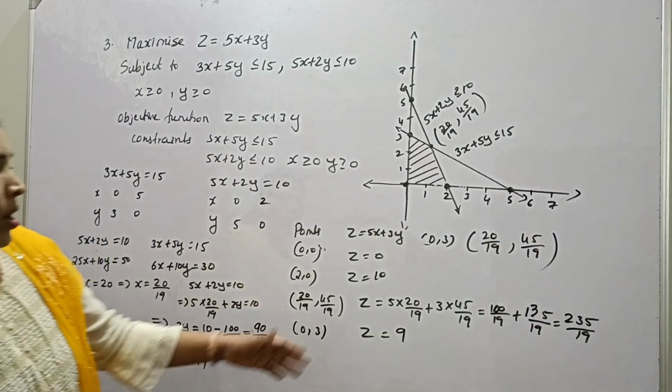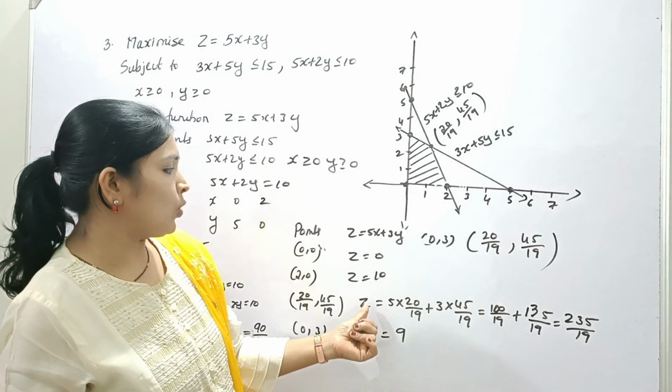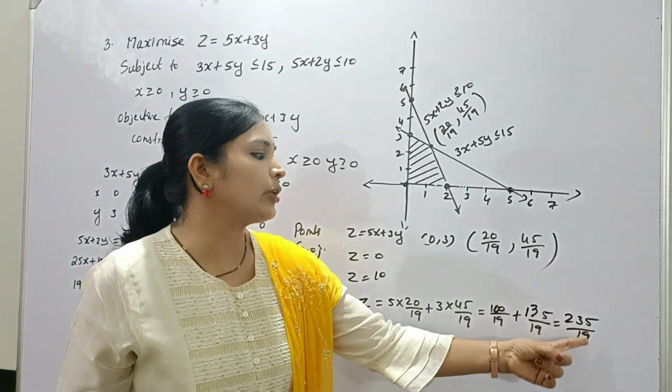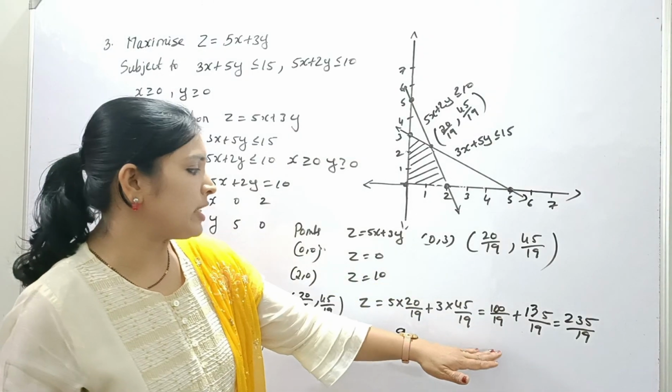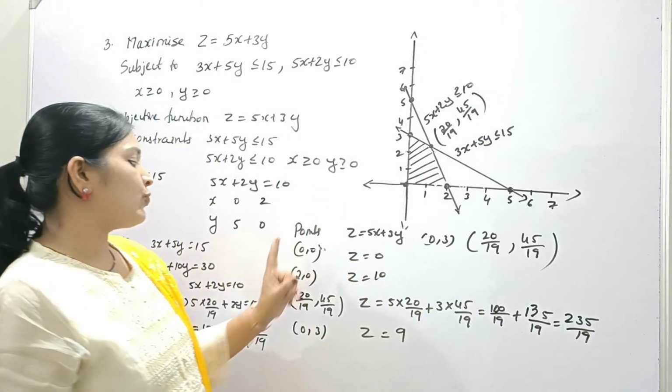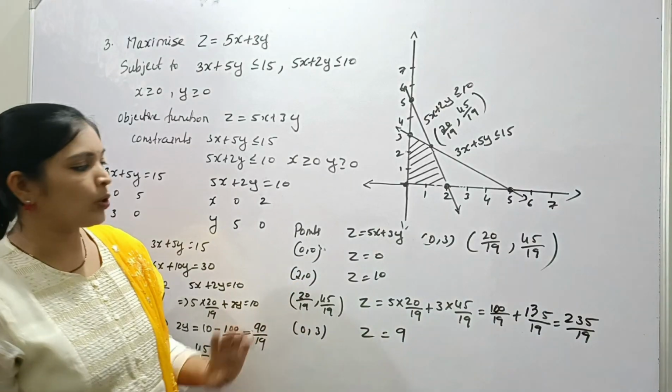Okay. Now which value is maximum? Z is equal to, maximum is 235 by 19, right? 235 by 19 is the maximum at which point? 20 by 19, 45 by 19. Okay.